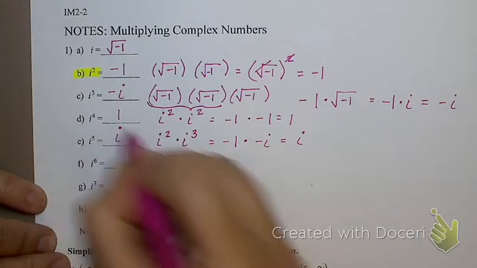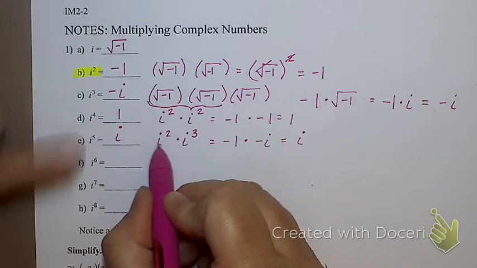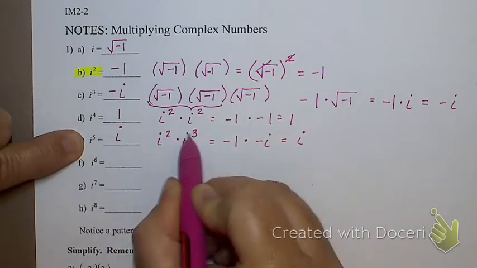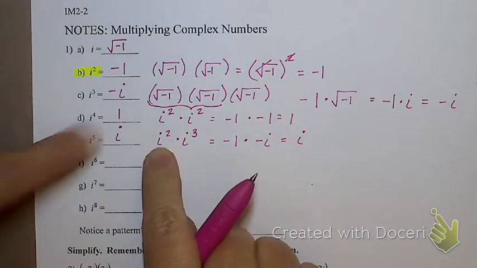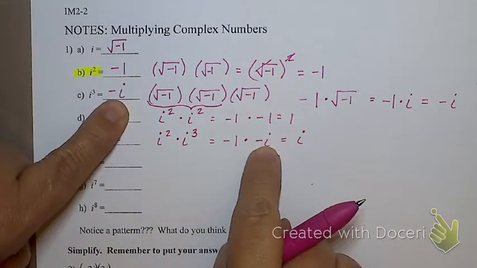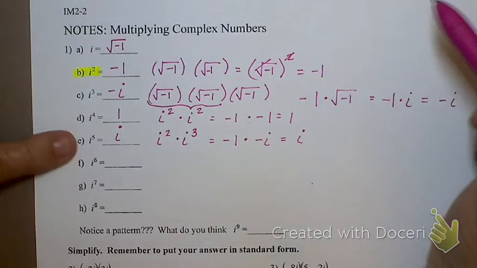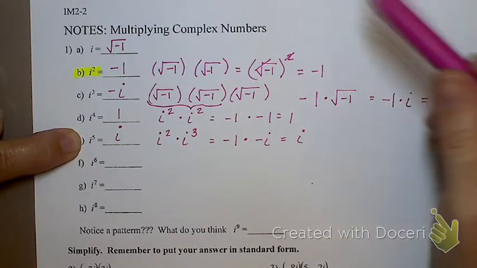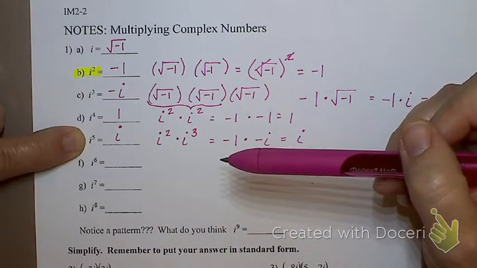Positive i. i to the 2nd is -1, i to the 3rd is -i, and -1 times -i is i. Now, could I have done that one a different way? Absolutely. I could have called that i to the 4th times i to the 1st, right?